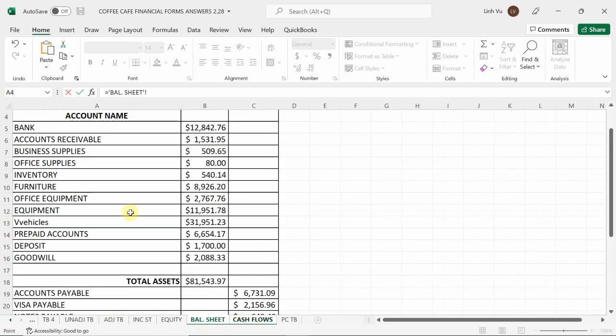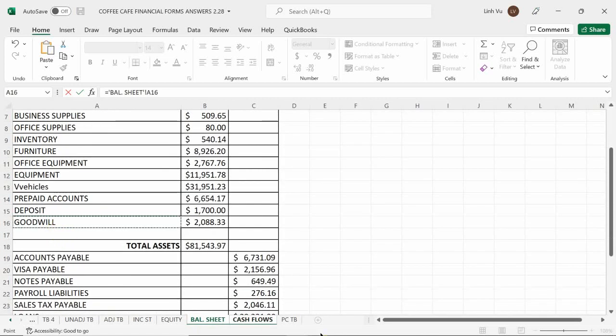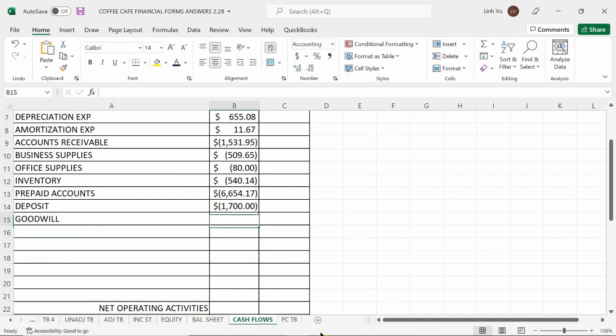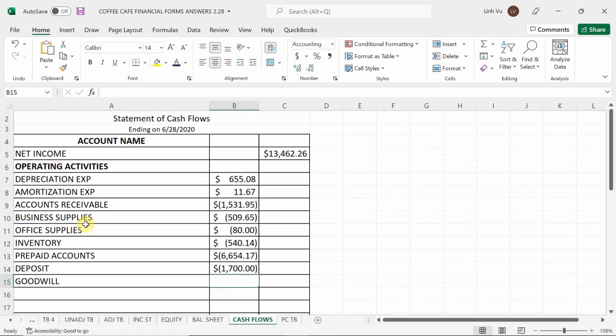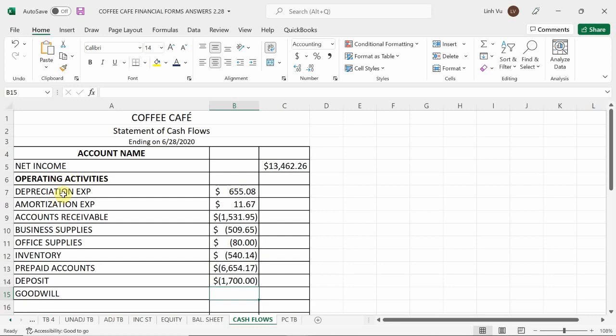Now, last but not least, on my assets list, I have goodwill. As I can see up here, I've already added back that $11.67, meaning I already added back that cost that I took out in the very beginning of my operations.